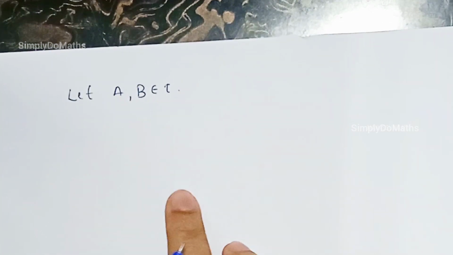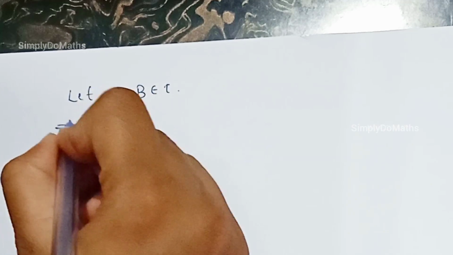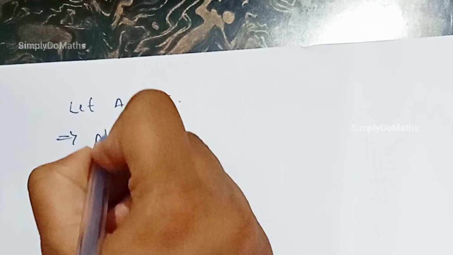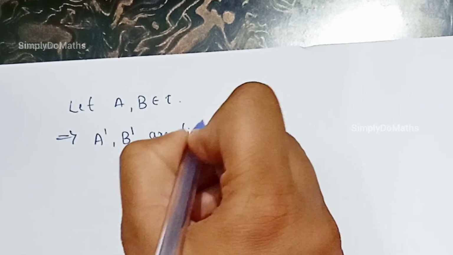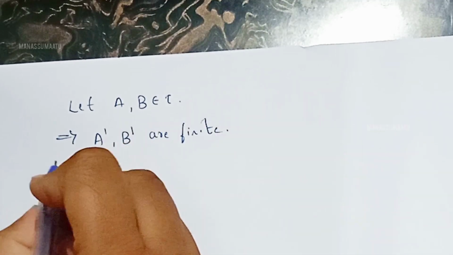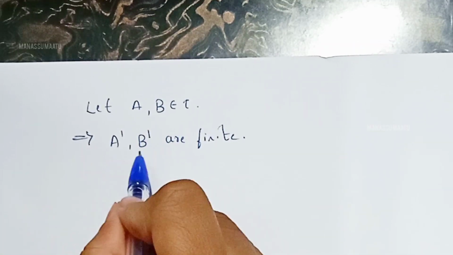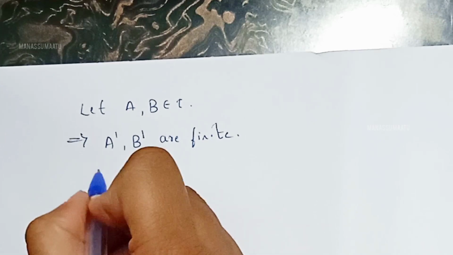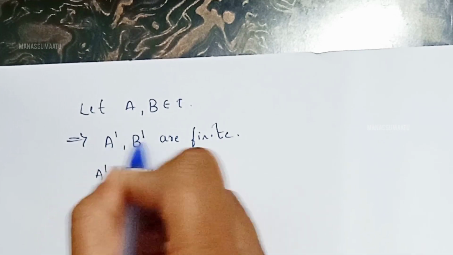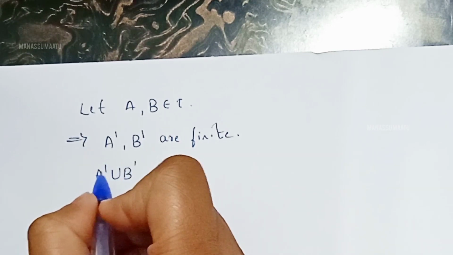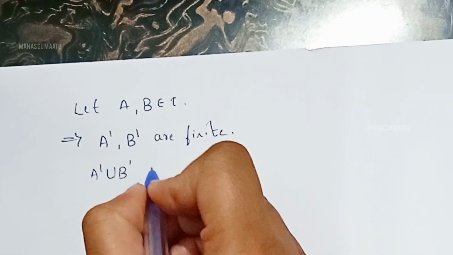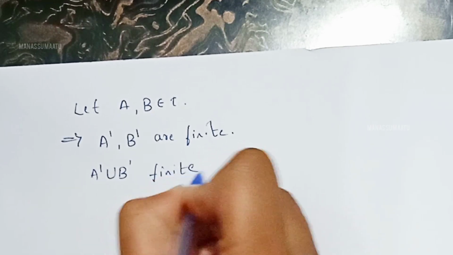If A and B are members of tau, which implies by the definition of tau given in the example, A dash and B dash should be finite, right? We know that the union of two finite sets is again a finite set. So A dash union B dash is finite.